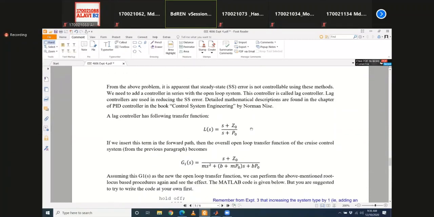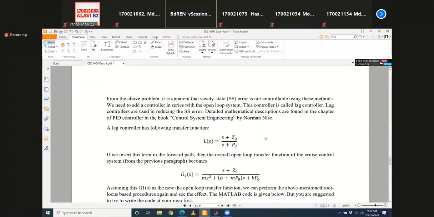Okay, so what is a lag controller? This is the general transfer function of a lag controller, s plus z naught divided by s plus p naught. There's also a thing called a lead controller. Depending on the value of z naught and p naught, it can either be a lag controller or a lead controller. Have you studied this controller in the class? No, sir.